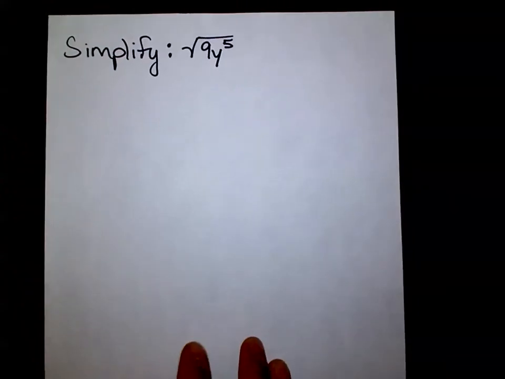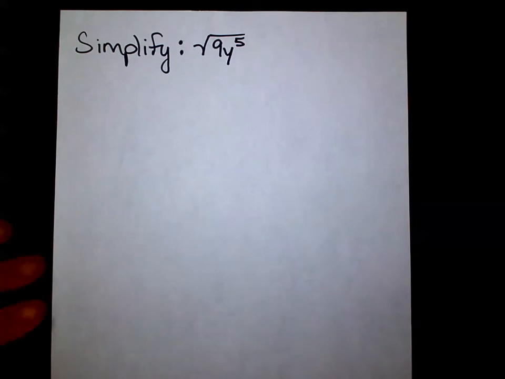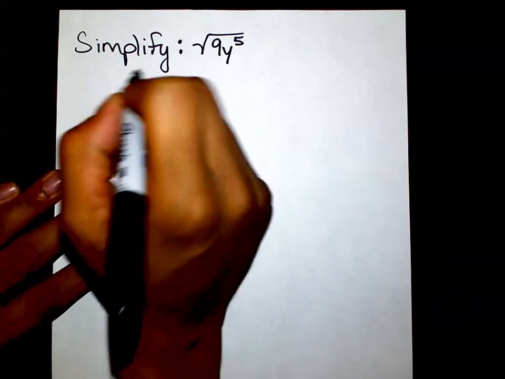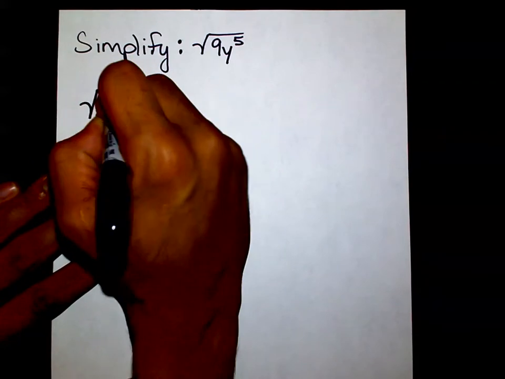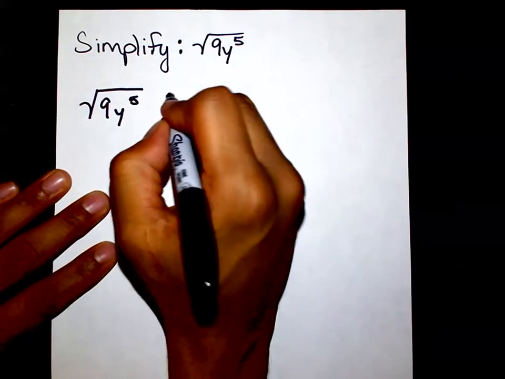We got something with a variable in there now, a square root with a variable. Okay, so the process is still the same. Rewrite your problem and go ahead and start factoring everything out. Okay, writing it as a product of the factors. So 9y to the 5th power, it's a square root.